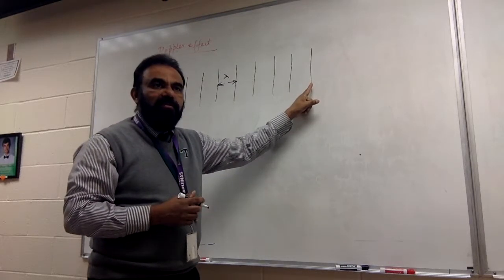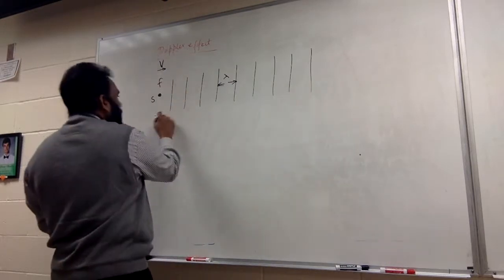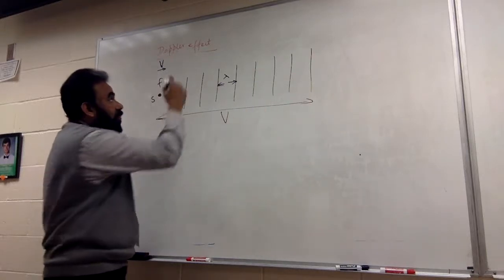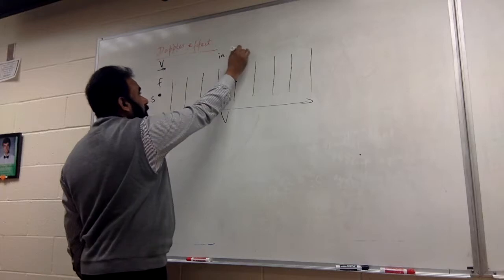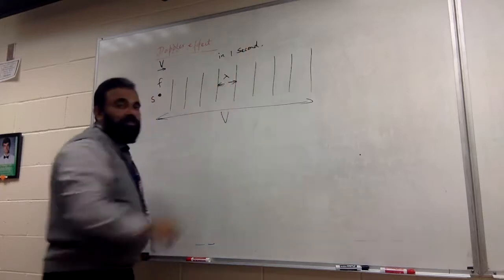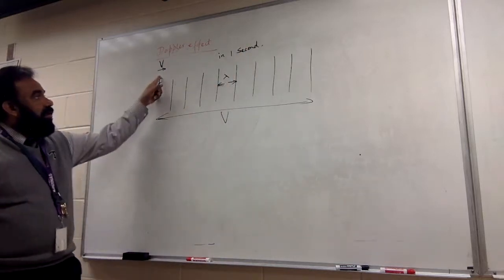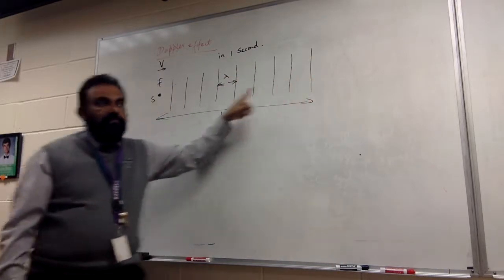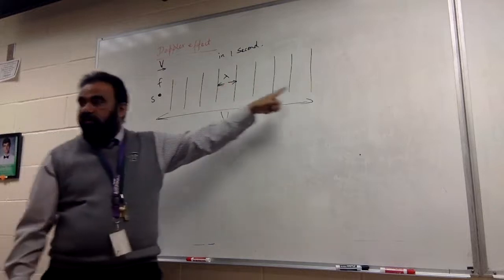V meters. Is that right? So the distance from here to here is V meters in 1 second. So I'm looking at 1 second. How many meters moved by the first wave? V meters.